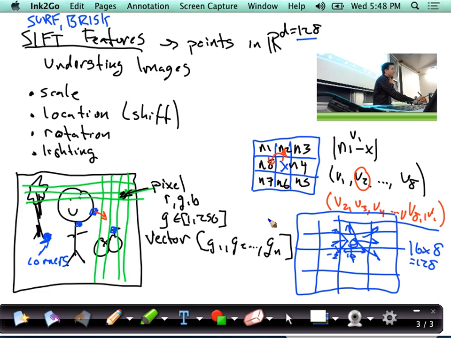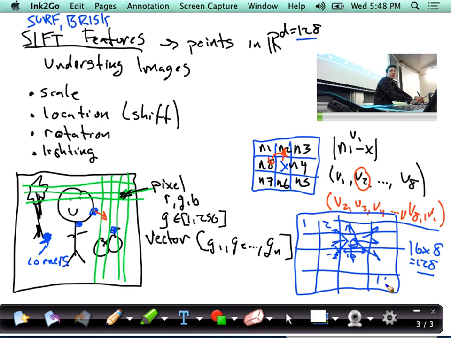But the main thing I want you to see is that you're transforming this 1 pixel into this representation that has these 16 sets of 8 values, and you're just going to line them all up. And that's going to create a 128-dimensional vector. Okay, and you're always going to have to line them up in the same order.